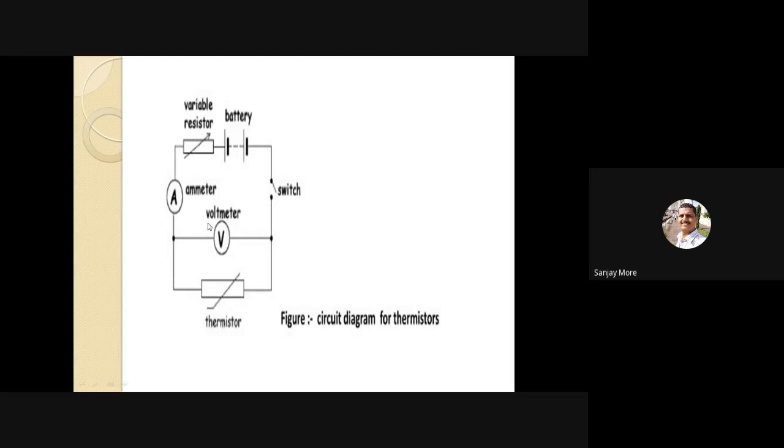The voltmeter works as a trimmer to raise and lower the temperature, and the thermistor senses the temperature and displays the measured temperature. Okay.